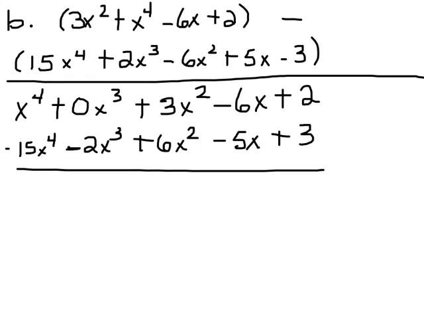Okay, same thing here. This negative sign is going to distribute over each one of these terms and change the sign. So let's write them correctly and write them in descending order of the variable. That's why you've been learning to do this. So if you've got x to the 4th, that's the highest degree. You're going to have something in every place all the way through.